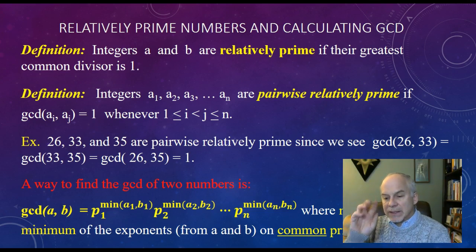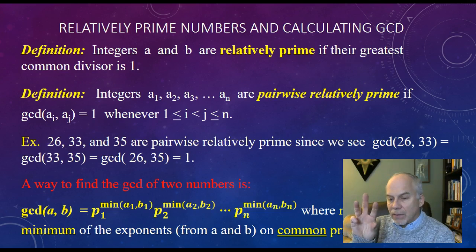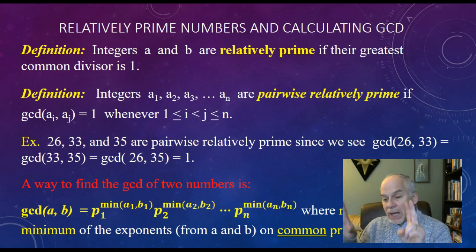Let's say we take 7 and 9, they're relatively prime because the greatest common divisor of those is 1. And also 22 and 9, the only common factor is 1, so the greatest common factor is 1, so they're relatively prime. So we've tried all the pairings of them, and so they're pairwise relatively prime.